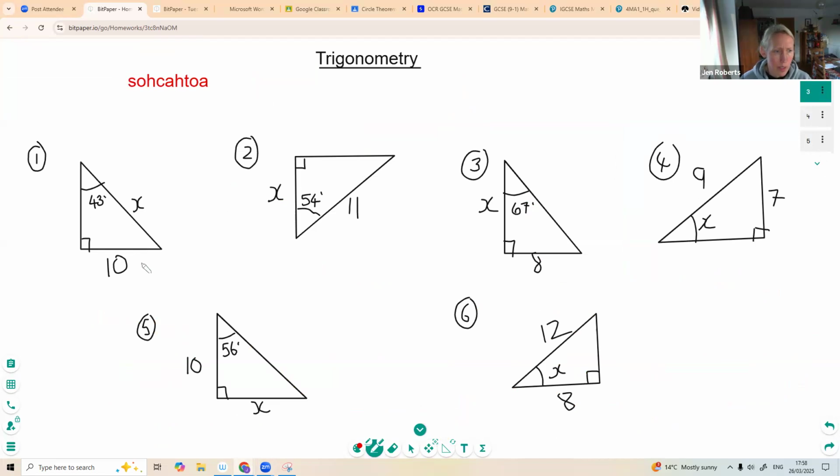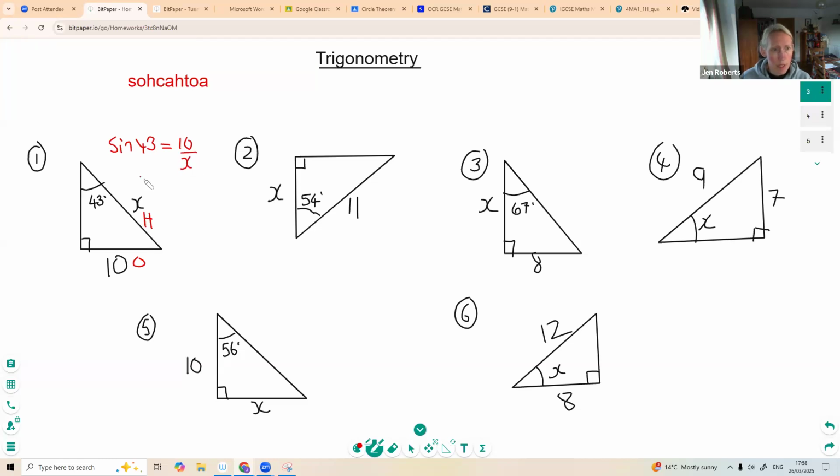Okay, I'll just speed through this now. Opposite, hypotenuse, sine. Sine 43 equals opposite, which is 10 over X. X is my denominator again.